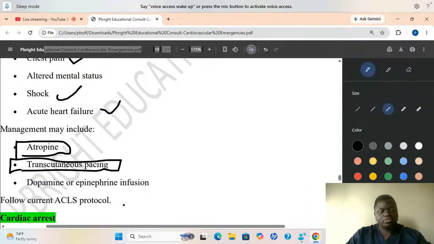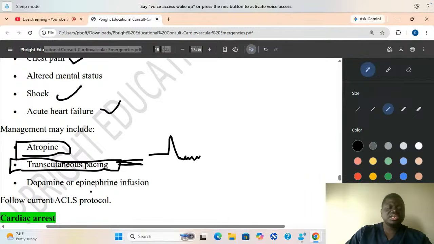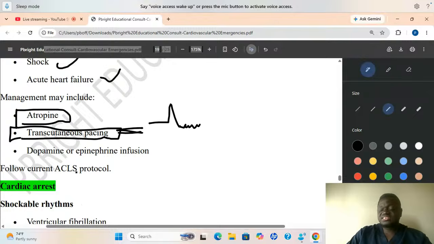You pace the heart. When the doctors pace the heart, make sure that you see it on the EKG. Then dopamine or epinephrine to help with blood pressure and all those things. Follow the ACLS protocols for hospitals.